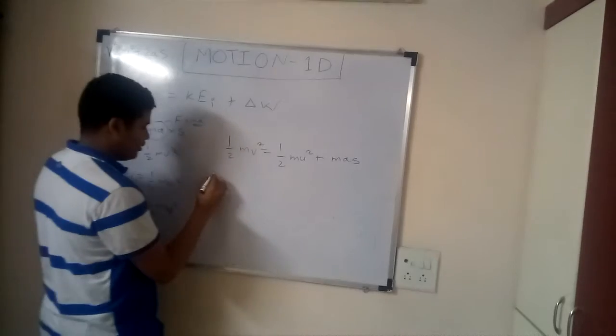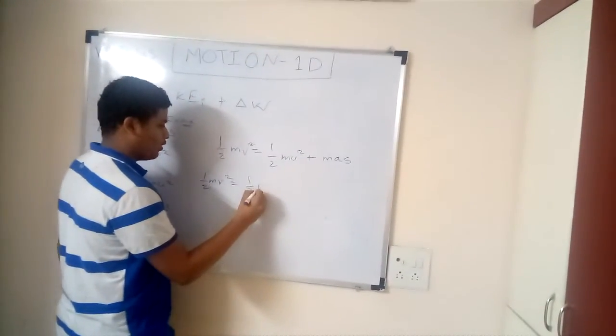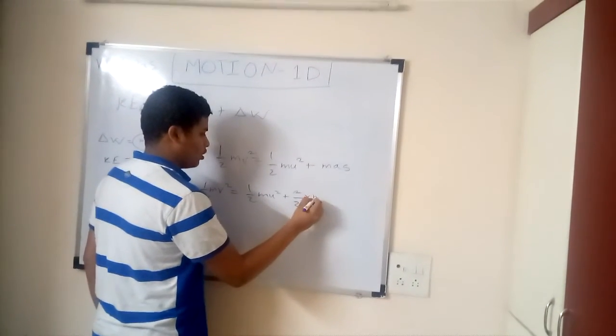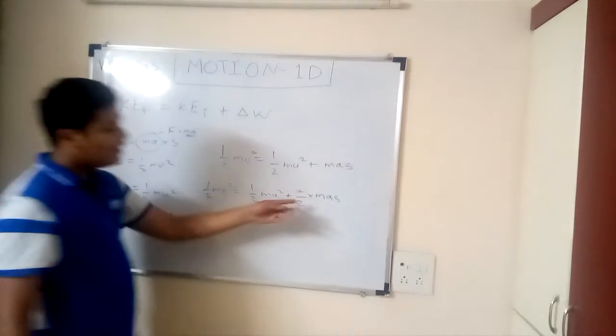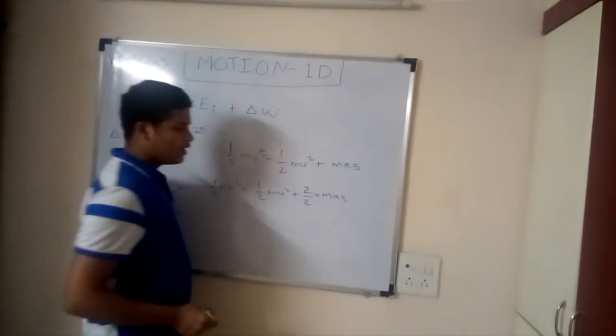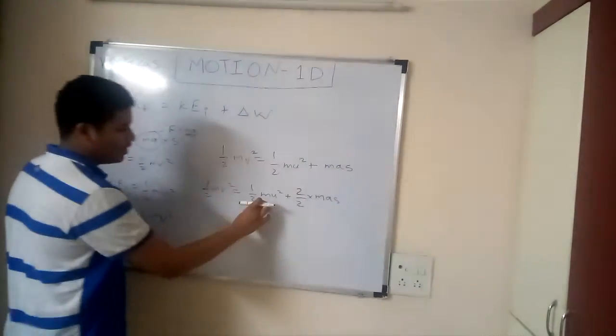Alright, now I will write it once more. I can divide and multiply the second term by 2 because it will make no difference, it will get cut at last, but I am doing it for a specific reason, so that I can take 1 by 2 m common.